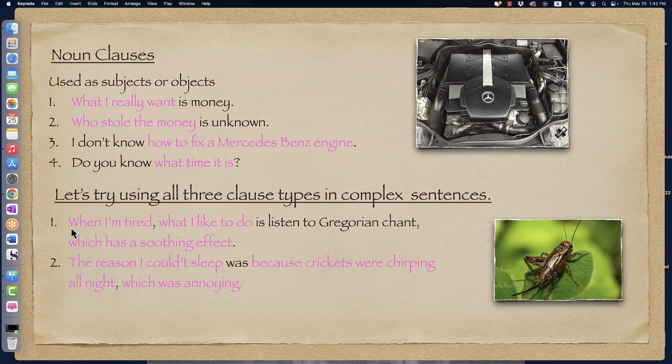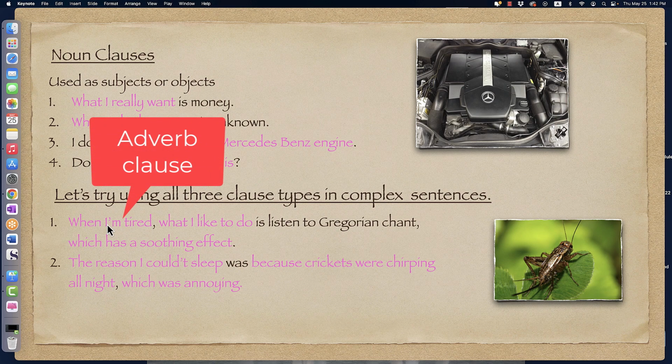So look at number 1. And everything that's in pink font here is one type of clause. "When I am tired, what I like to do is listen to Gregorian chant, which has a soothing effect." All right, well, "when I am tired" is what kind of clause? Right, that would be an adverb clause. It's telling me when something happens.